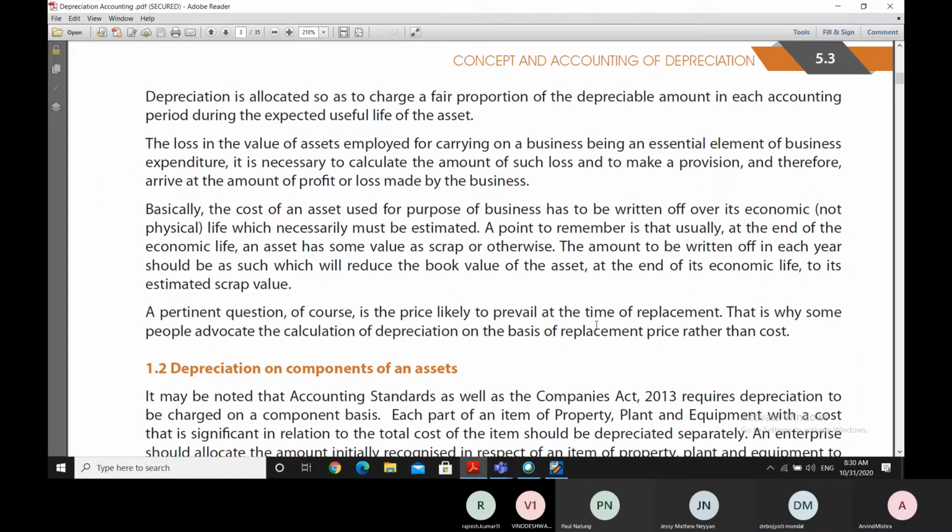So this factor is also important: what is the replacement cost of that machine. So some people advocate that the calculation of depreciation should also contain a calculation on the basis of the replacement price, and we must take the replacement price into consideration while calculating the amount to be written off rather than the cost of the asset. There are some proponents or advocates of this view also.